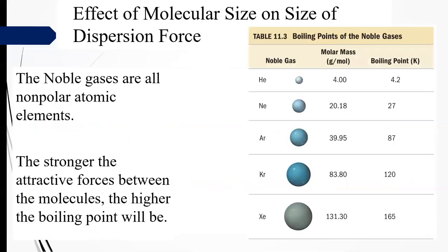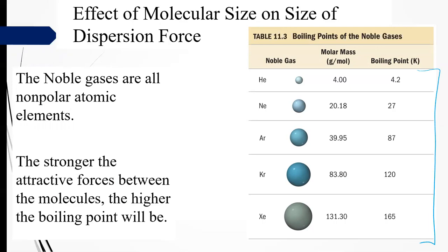And so a way for us to look at that is our noble gases. Our noble gases have a similar amount of valence electrons in the sense that they don't have any polarity within them. They exist all by themselves. And we can see their boiling points and how that's tied in with their molar mass.